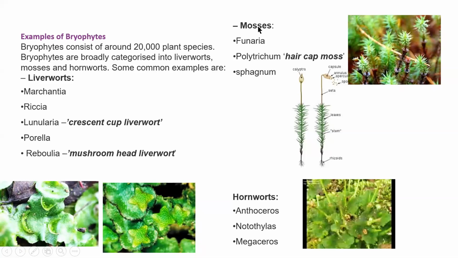Another category is mosses. This is very common. You have Funaria, Polytrichum, Sphagnum. I was talking about Sphagnum, which can be found in bogs, that is marshy areas. You can see a lot of Sphagnum moss.